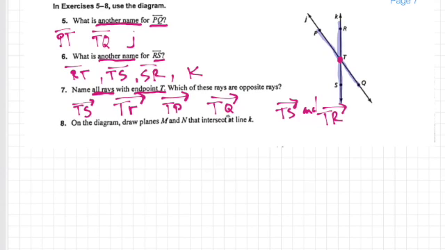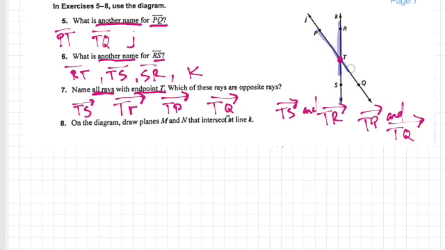And then we would say the other set. We could say, this is a ray, and then this is a ray that both head in different opposite directions, with the same vertex, which is T. So I could call that TP and TQ. Those are both opposite rays.